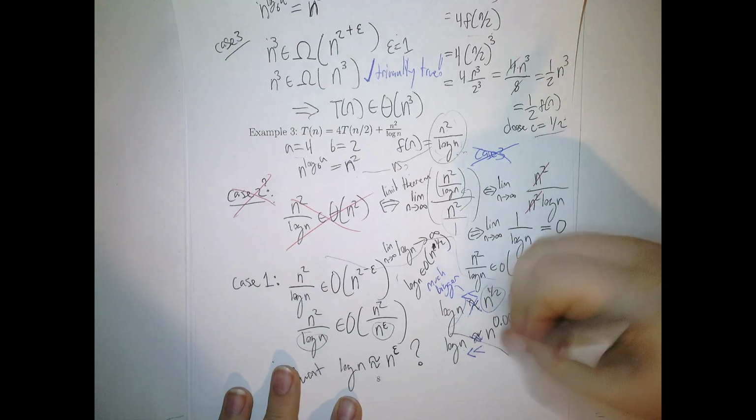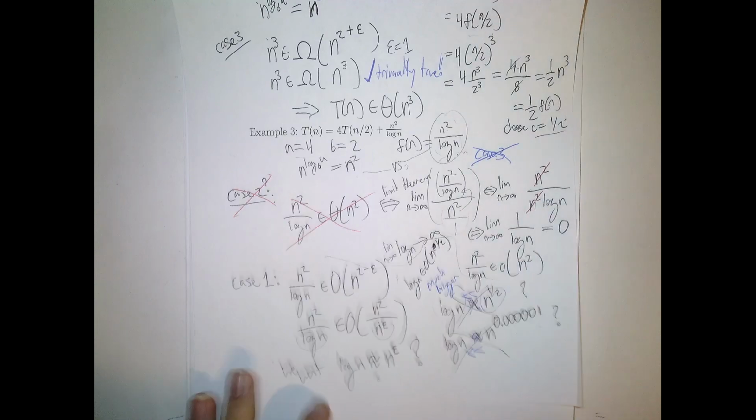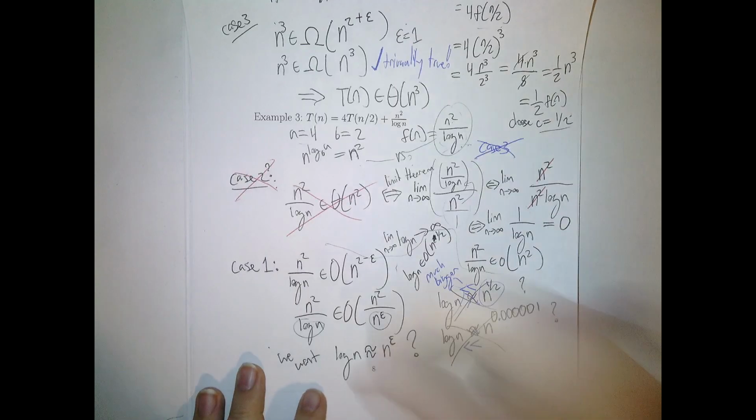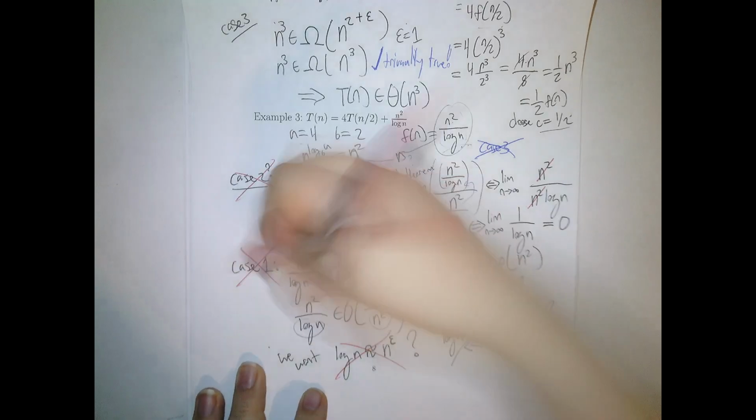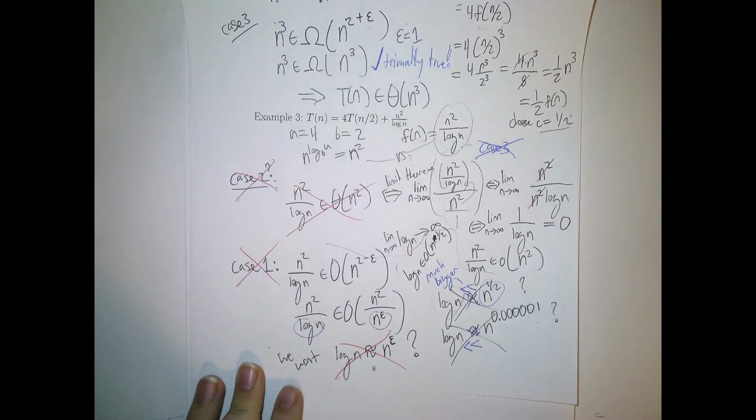So this doesn't work, and actually there is no way to make this true. And so case one is also not true. Oh, oops, that sucks. Turns out none of our three cases applies to this example.